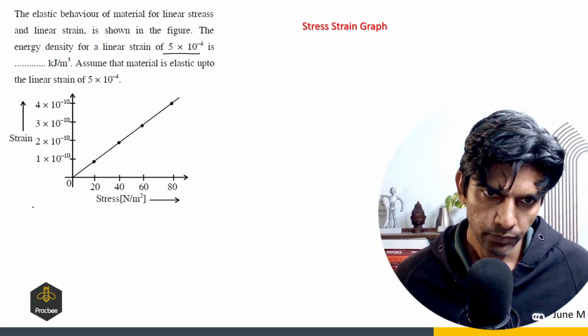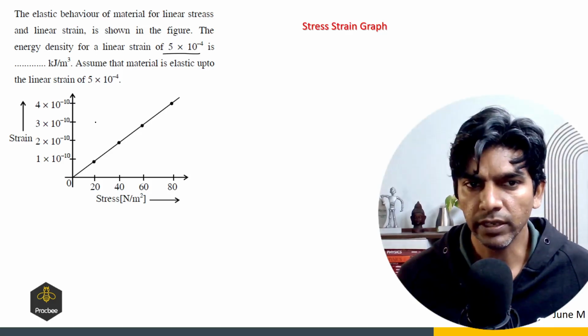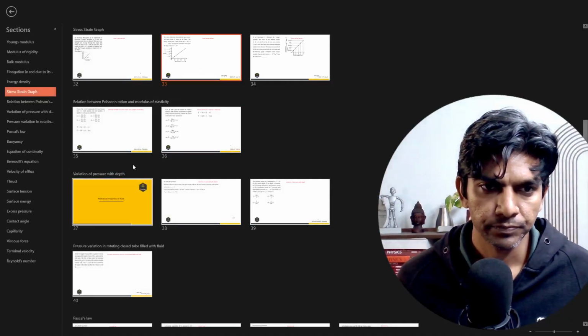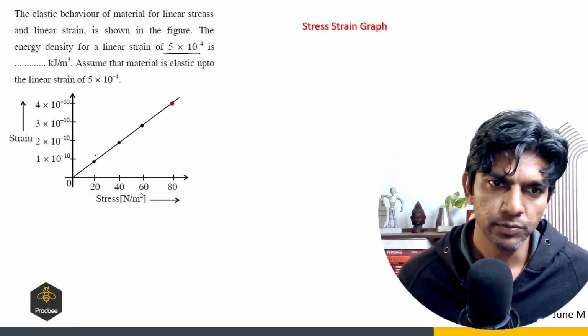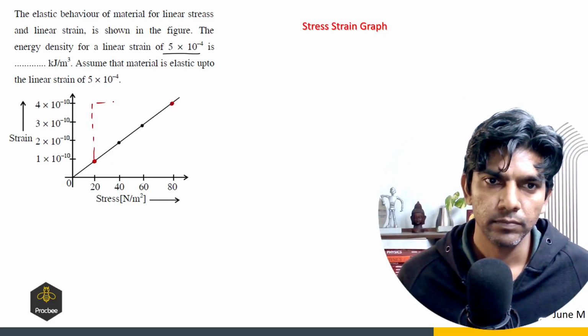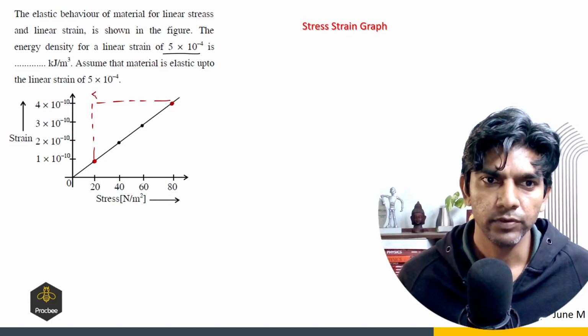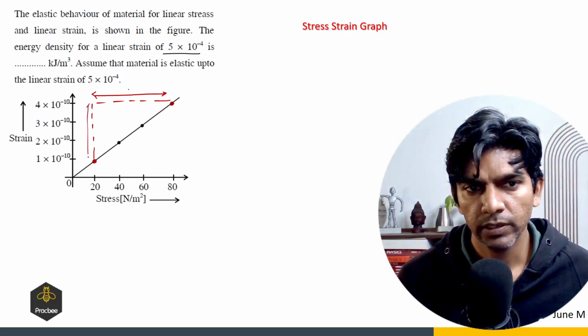So here, first from the stress strain graph, let us find the Young's modulus. So you can take any 2 points. So I'm going to take this point and this point. So that will be stress, and this will give us strain.